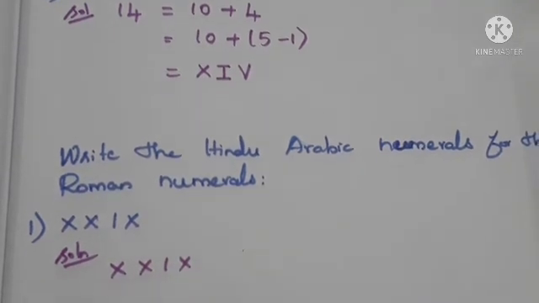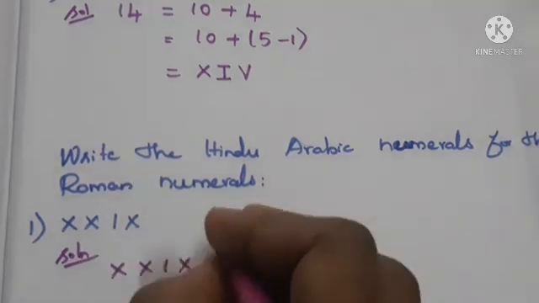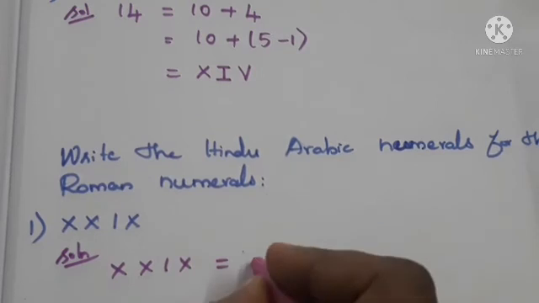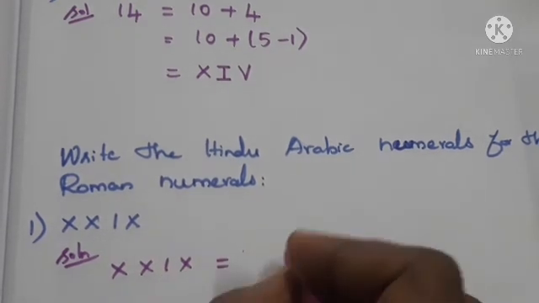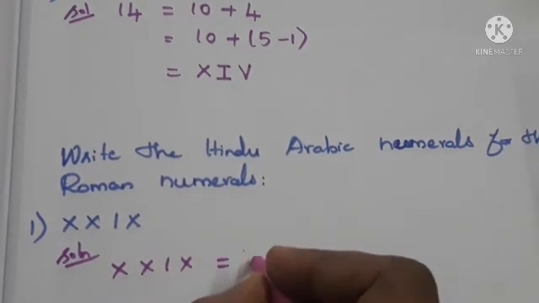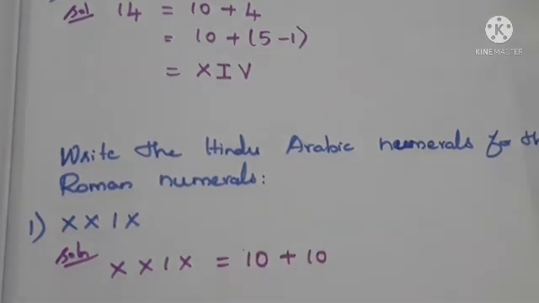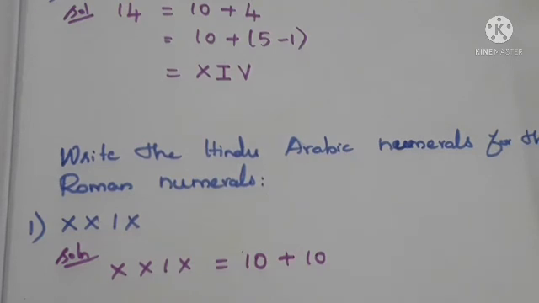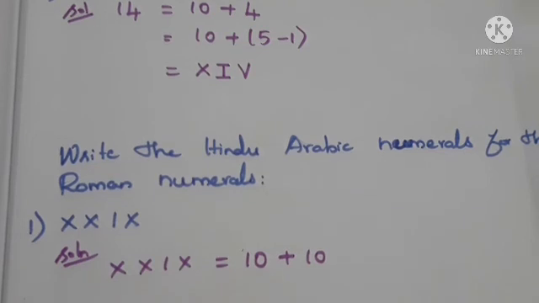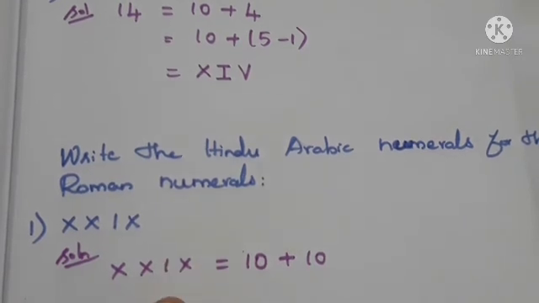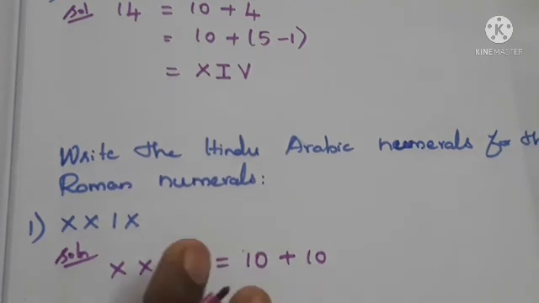Next we have to write the Hindu-Arabic values. Just we can divide this one. 10 plus 10, isn't it? And the first condition is to write the smaller numeral to the right of the greater numeral, which means addition. Writing the smaller numeral to the left of the larger number will represent subtraction.